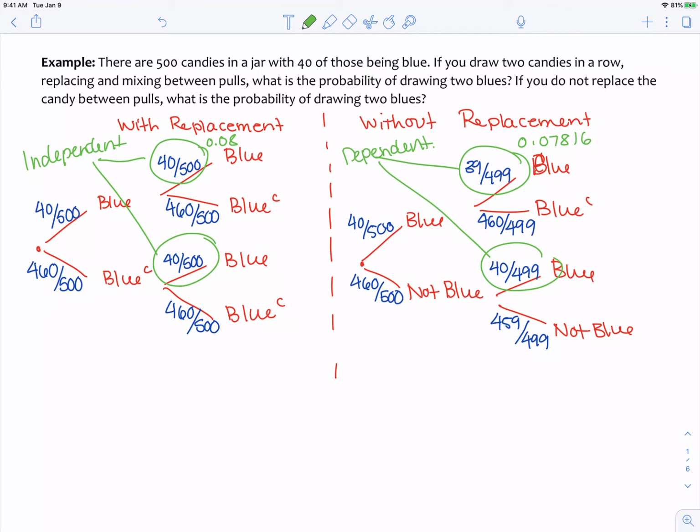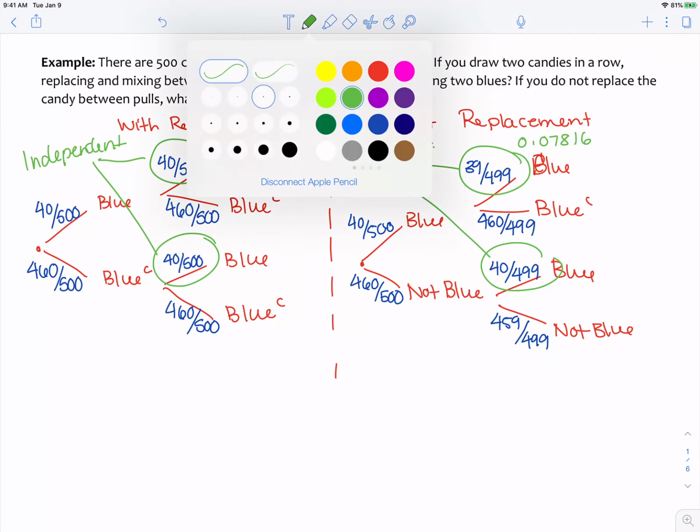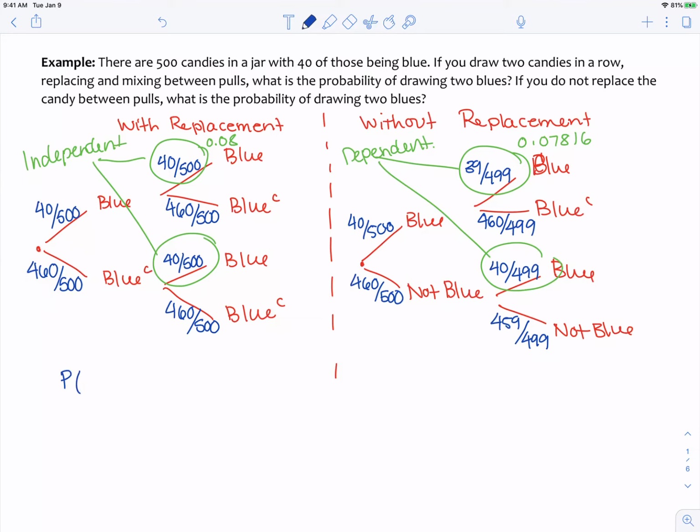And that's also true for our calculation of the and probability. If we're finding the probability of blue and blue, like the question was asking, that would be 40 out of 500 times 40 out of 500. Since we are drawing with replacement in this case, probability is not changing.